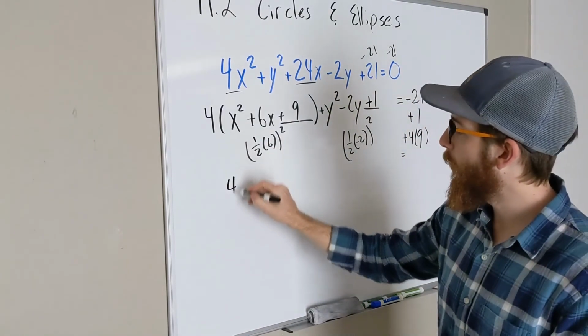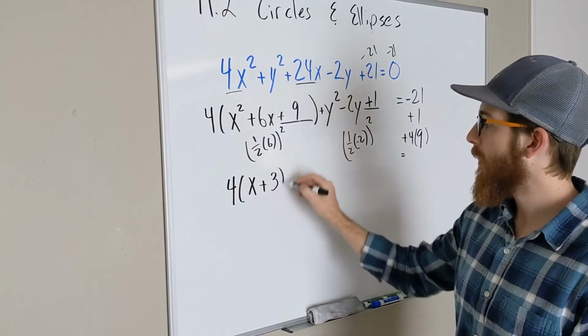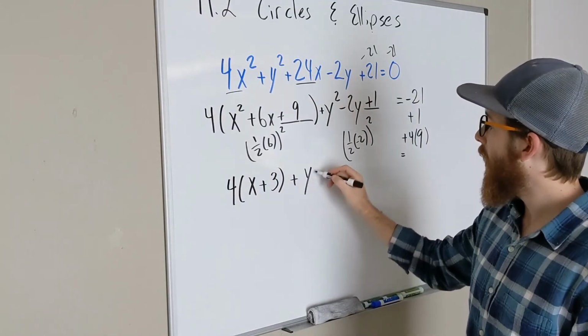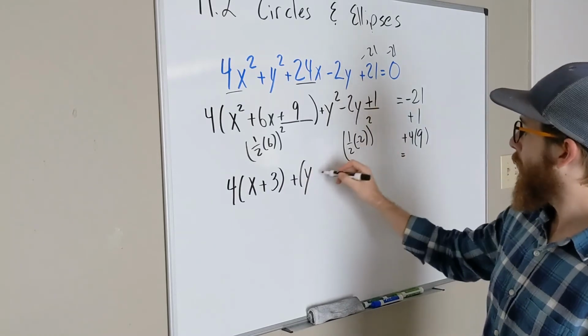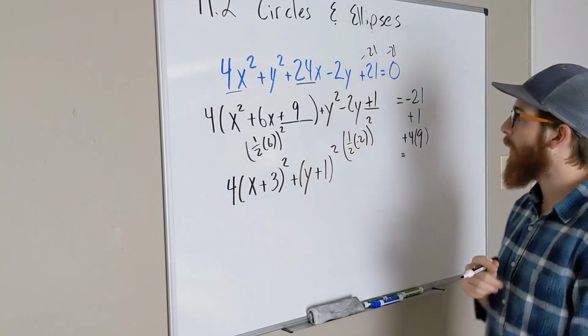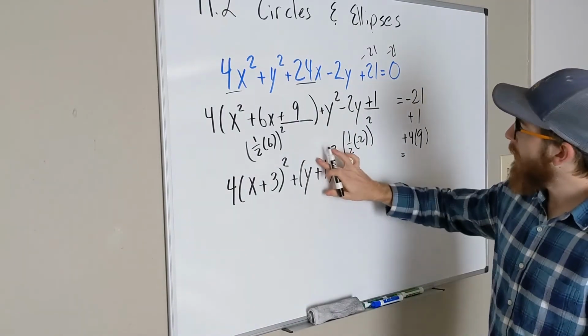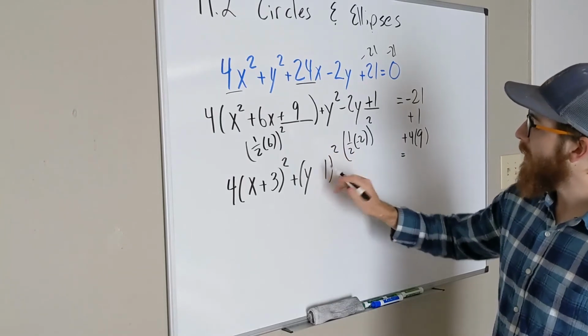Okay? So now what do we have on this side? We have 4 times (x plus 3) plus (y plus 1), and those are both squared. And I believe that I made a mistake here.